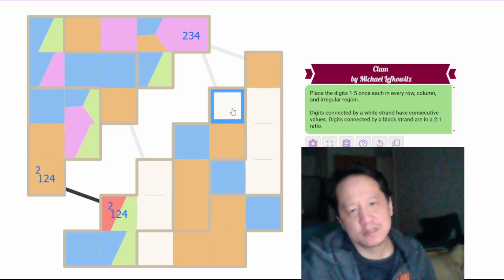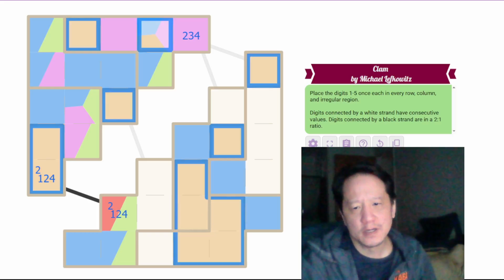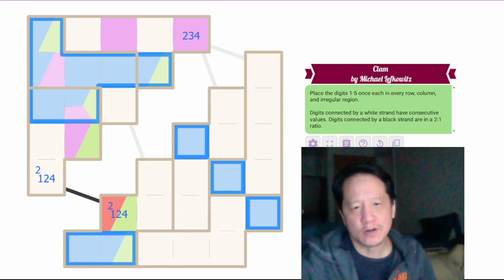So does this have any distinction here? So these 3 all have to be different digits. So maybe we should reset the coloring and then go from there.